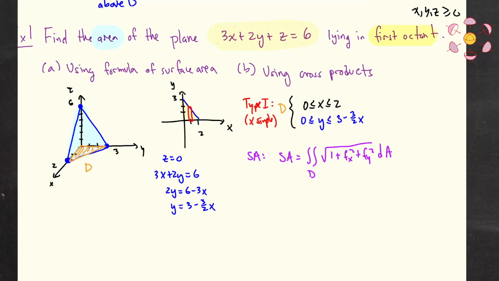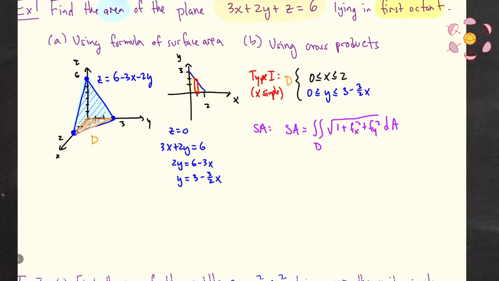So our f then is the surface right here. By solving for z, I can think of this as 6 minus 3x minus 2y. And this will be our formula for f.